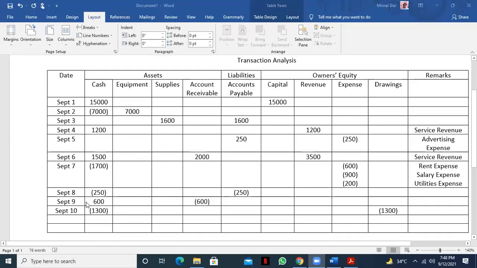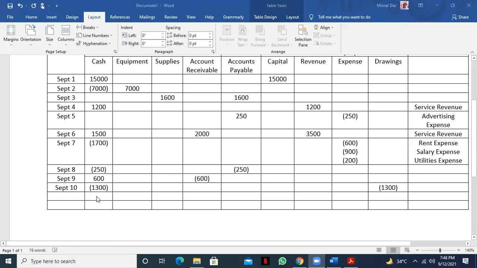We'll do the sum of each column. So let's do it. What is the total figure in the cash column? Someone please help me.